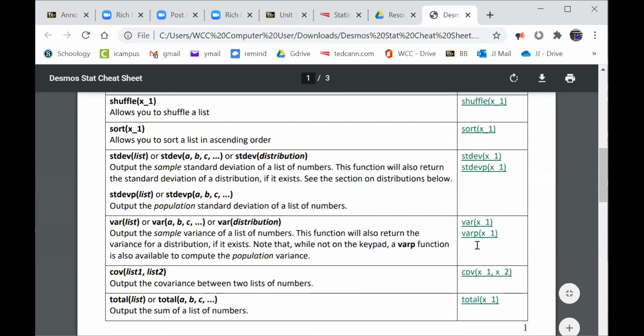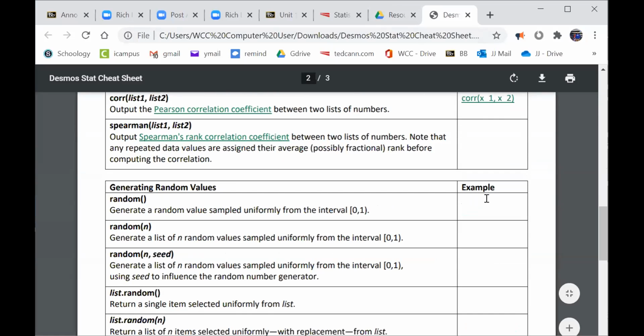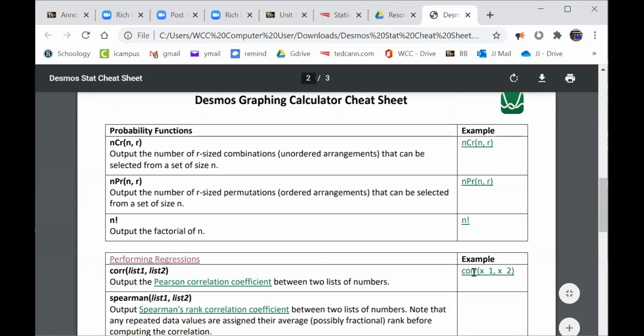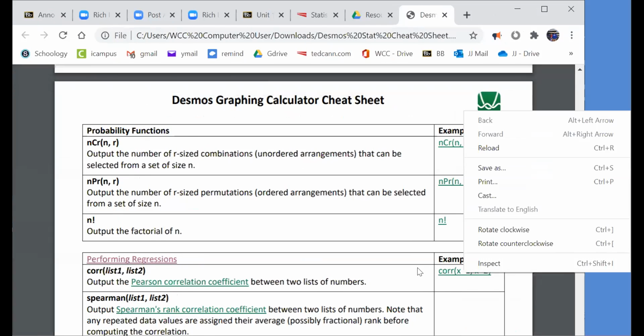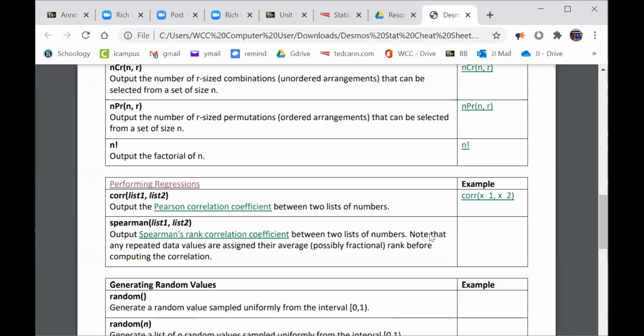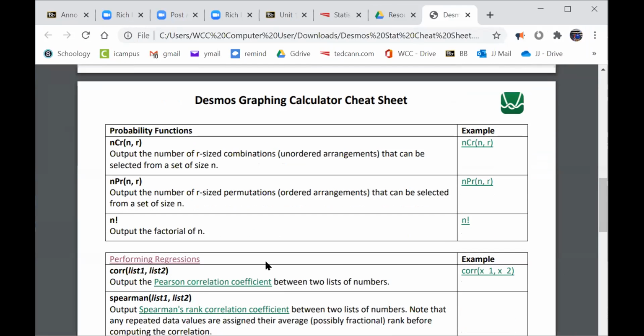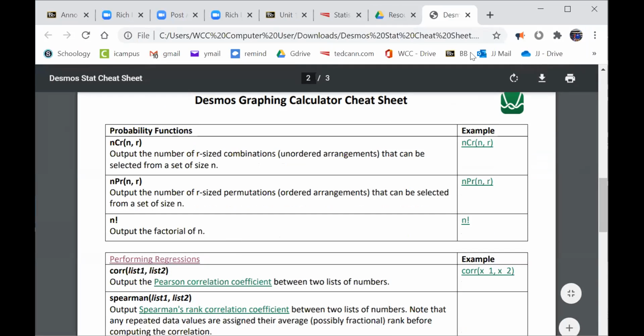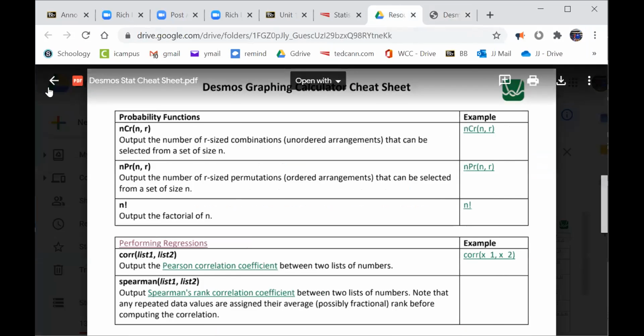Still not letting me click. Why is it not letting me click? All right, well, I guess I'm going to be posting the Word version of it also, which I could just do right now anyway. So.